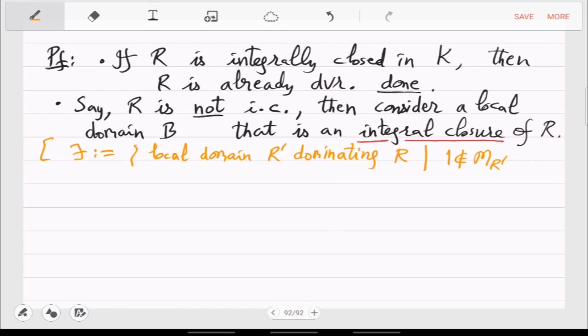So essentially R prime should have a non-trivial unique maximal ideal. Collect all such R primes. This is the set. It's dominating, so it also contains MR. So just define this set and pick a maximal element in the set.